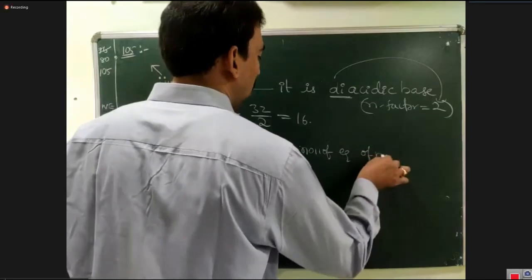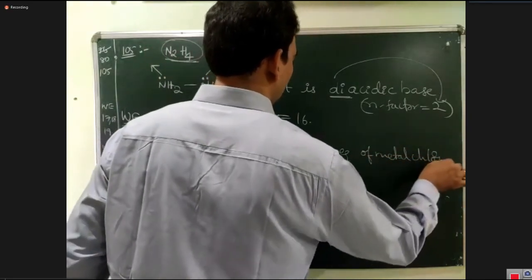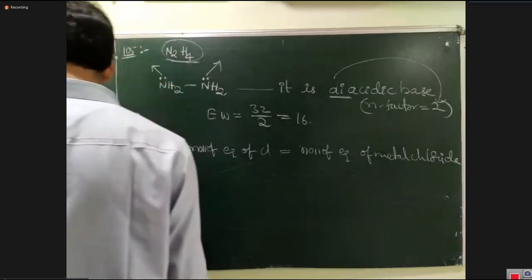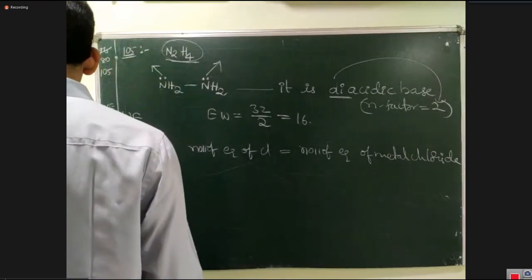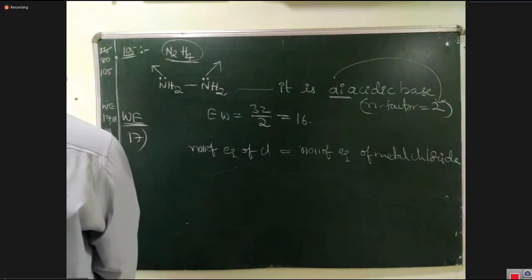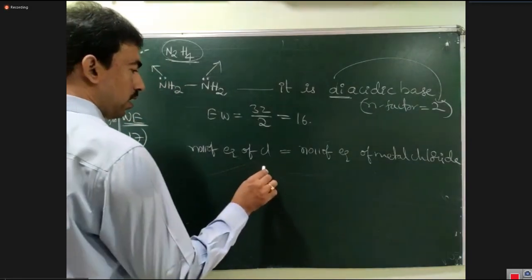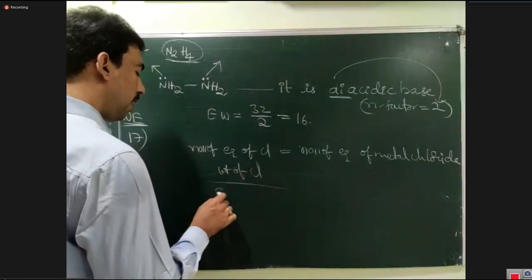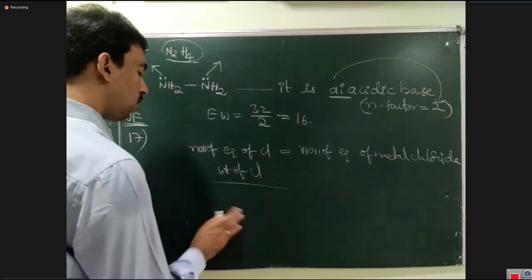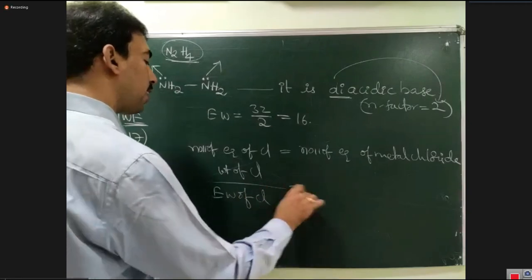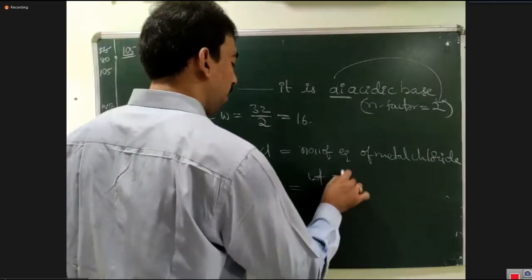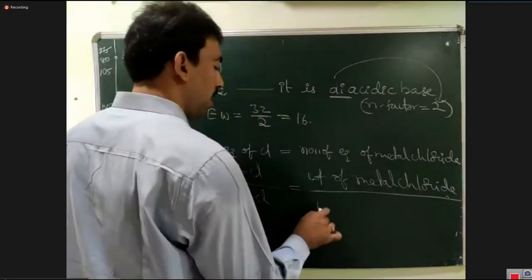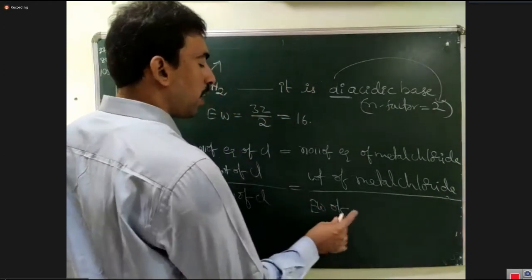Number of equivalents means weight of chlorine by equivalent weight of chlorine is equal to weight of metal chloride by equivalent weight of metal chloride.